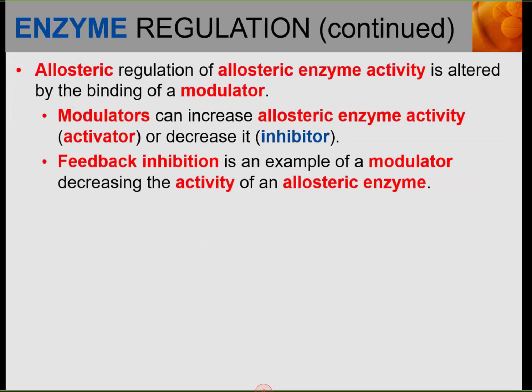So you can get modulators that, again, bond to an enzyme and cause its structure to change such that it's either going to reduce the reaction with a substrate, or perhaps even increase it. But that's called allosteric modulation, changing a substance that will change the stereochemical structure of an enzyme.